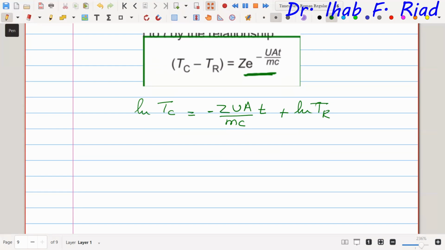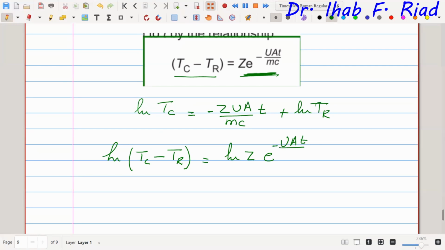Yes. Then we have this side and that side. Then it is ln of TC minus T over TR, right? Yes. Is equal to ln of Z times e to the minus UA T over MC, right?